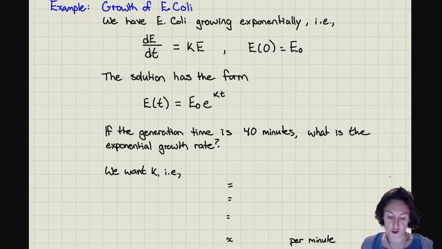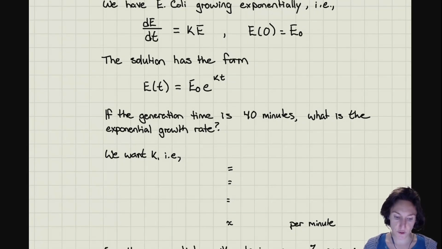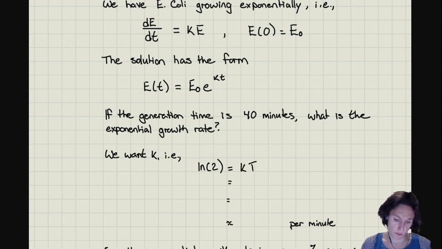Let's say the generation time is 40 minutes. What would the exponential growth rate be? In other words, we want to solve for k, comparing it to the generation time or doubling time of the population. For this problem, I'm told that the doubling time is 40 minutes.